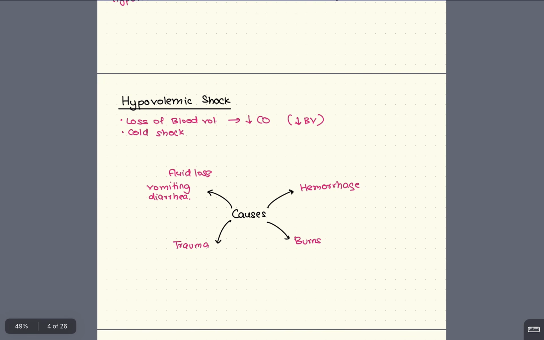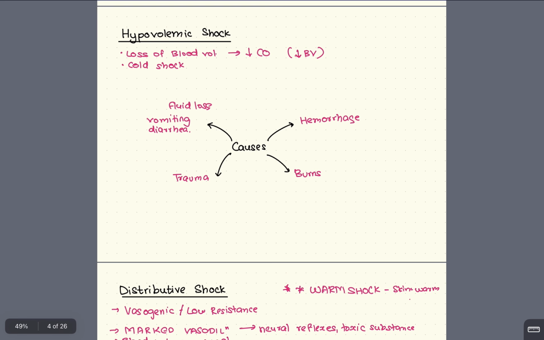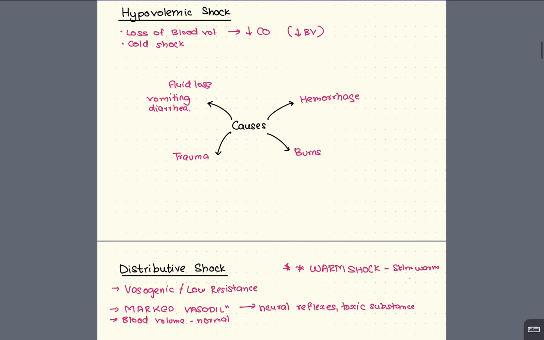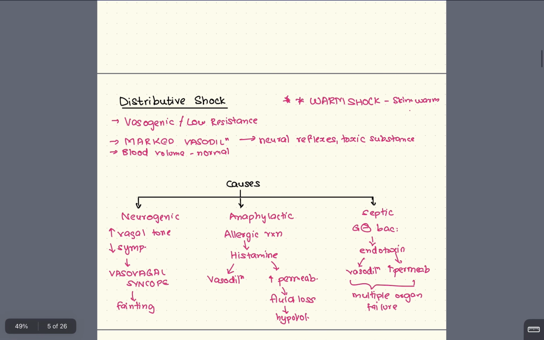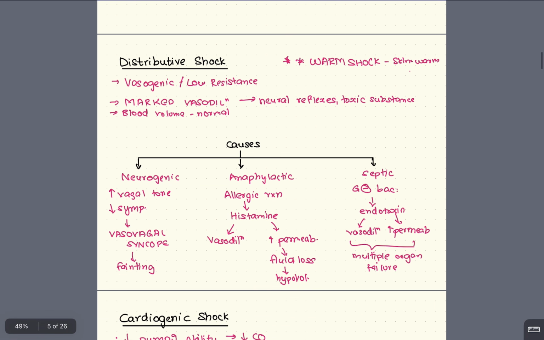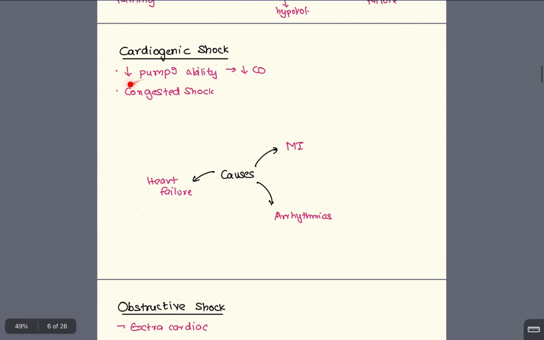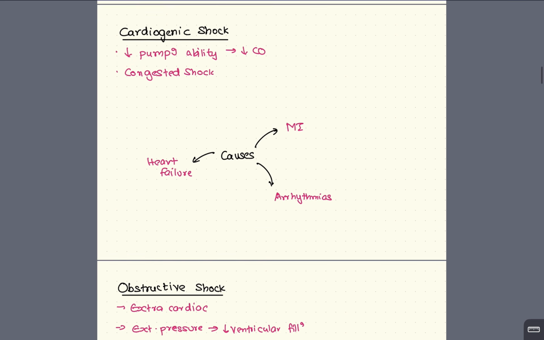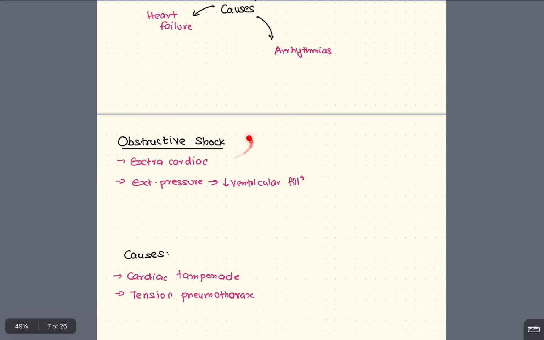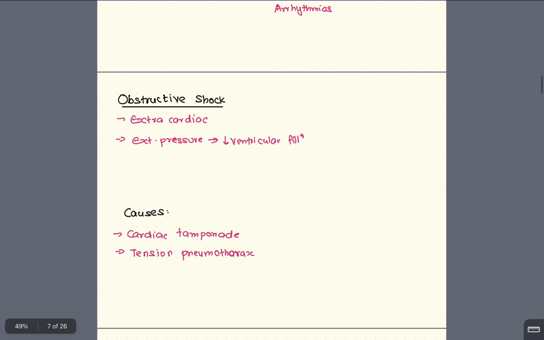In hypovolemic, we discussed the causes; because of low blood volume, it's called cold shock. In distributive, we said it is warm shock. There's marked vasodilation, and it is again divided into neurogenic, anaphylactic, and septic. In cardiogenic shock, there is decreased pumping ability. It's also called congested shock. In obstructive, there's an extra-cardiac or external pressure which decreases ventricular filling.